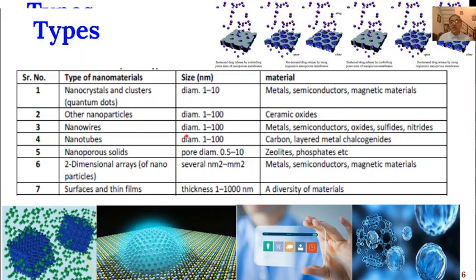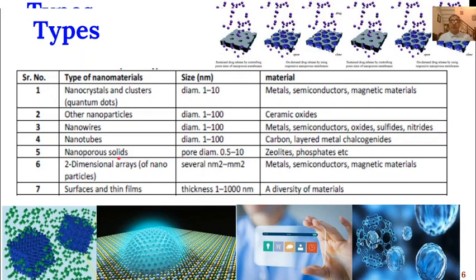Then for nanowires also, the size ranges from 1 to 100 nanometers, and nanowires can be made from metals, semiconductors, oxides, sulfides, nitrides. Then nanotubes can be formed from carbon, and layered metal chalcogenides can also be converted into nanotubes.